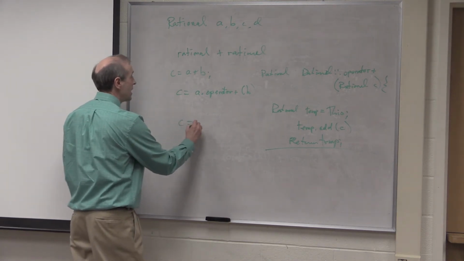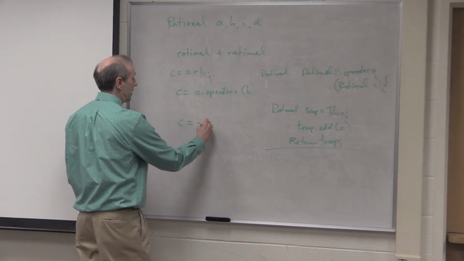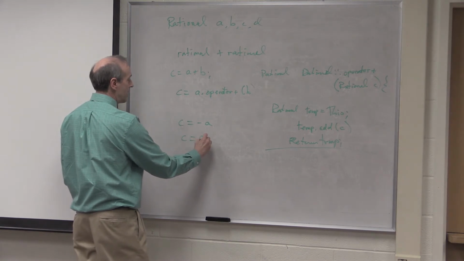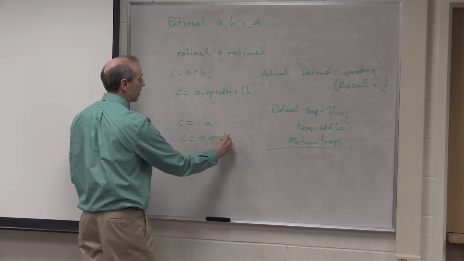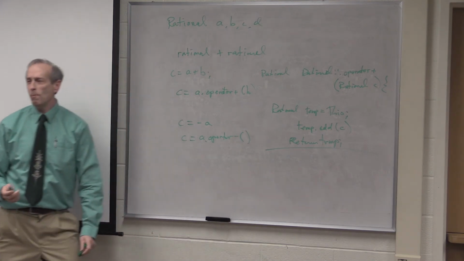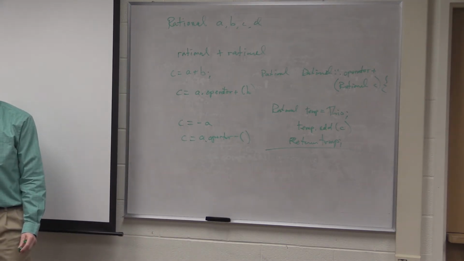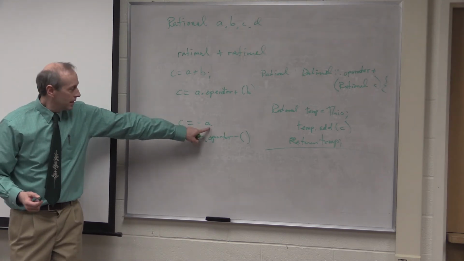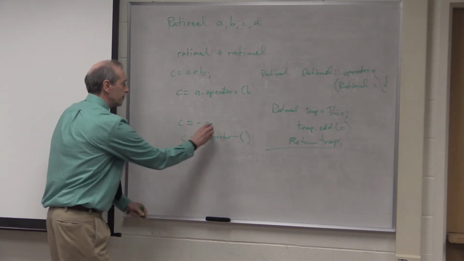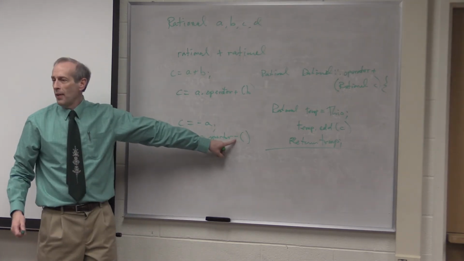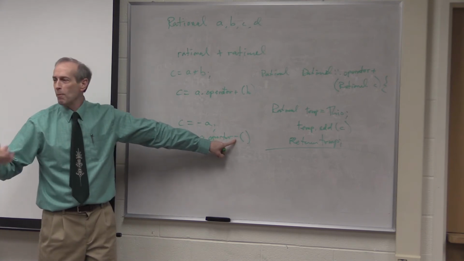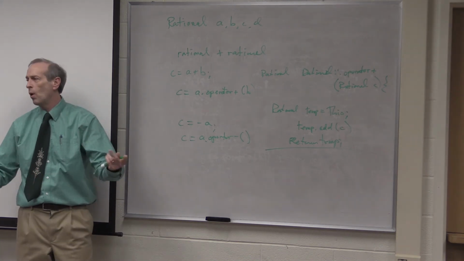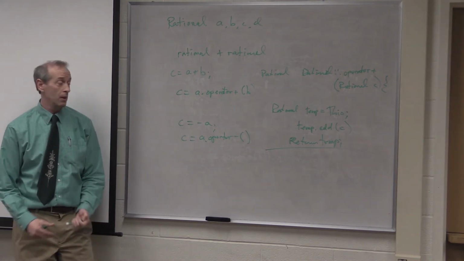If C equals negative A, then that is actually equivalent to C equals A dot operator minus with no parameters. That's the unary negation. If I want to just say negative A, negate this rational number, it is really calling this guy. And the distinction between operator minus with no parameters and operator minus with one parameter is the fact that one is subtraction and the other is negation.